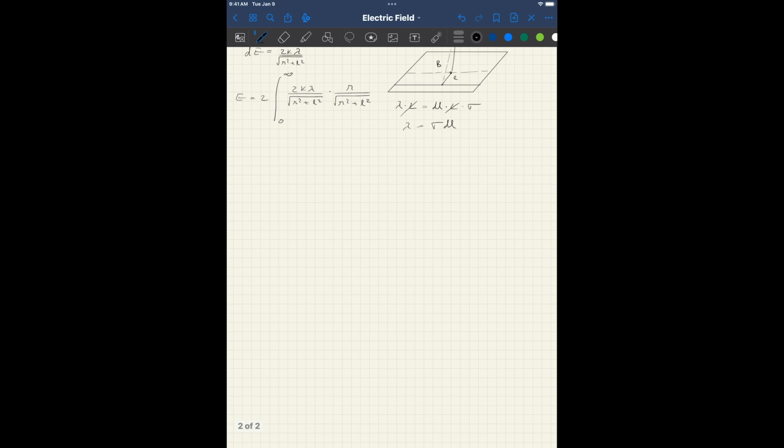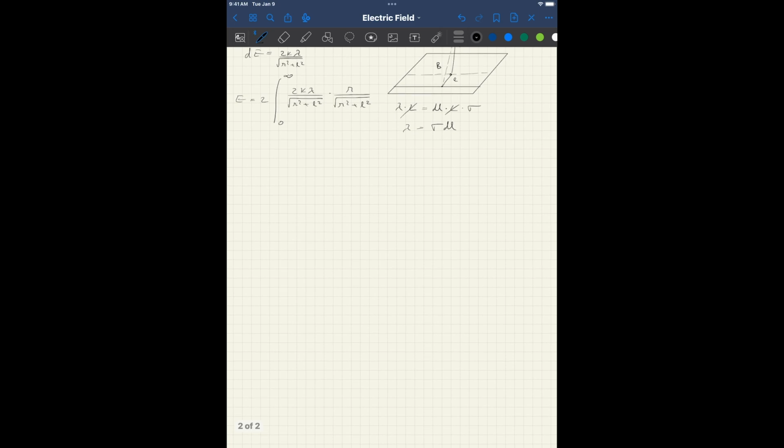Okay, and this is going to be, so we'll have E equals 2 times the integral from 0 to infinity of 2k lambda r over r squared plus L squared, because the square roots cancel out. So this will be equal to 4k lambda integral from 0 to infinity of r over r squared plus L squared.